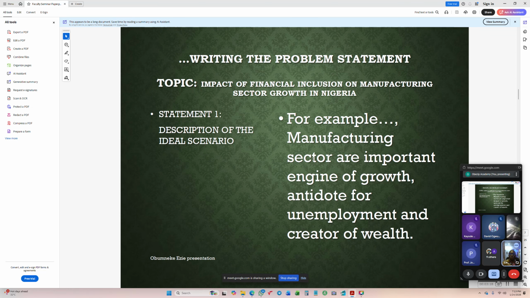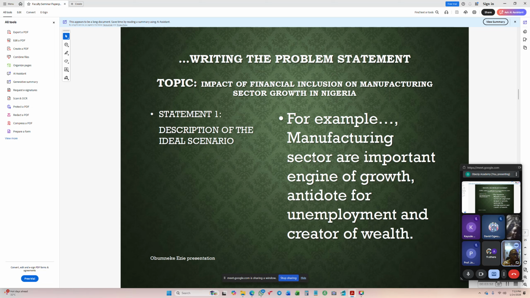Let's start with the first one, which is the description of the ideal scenario or ideal situation on ground. We're looking at it from a particular topic that I've coined here, which is the impact of financial inclusion on manufacturing sector growth in Nigeria. This topic will guide us on how an effective statement of problem should be coined. Remember, in an investigative study, your statement of problem usually centers on the dependent variable.